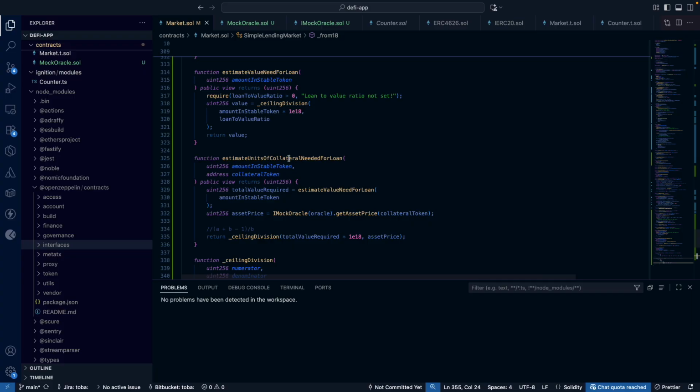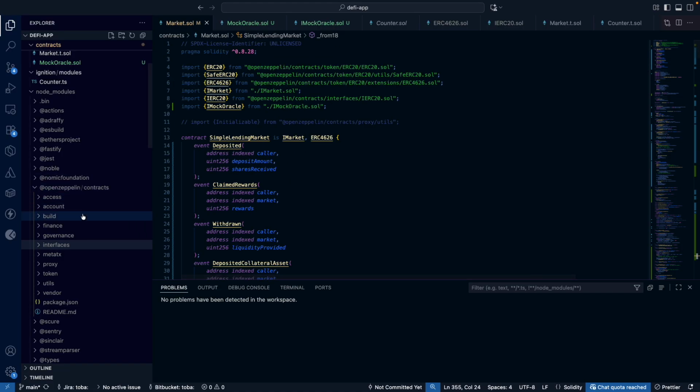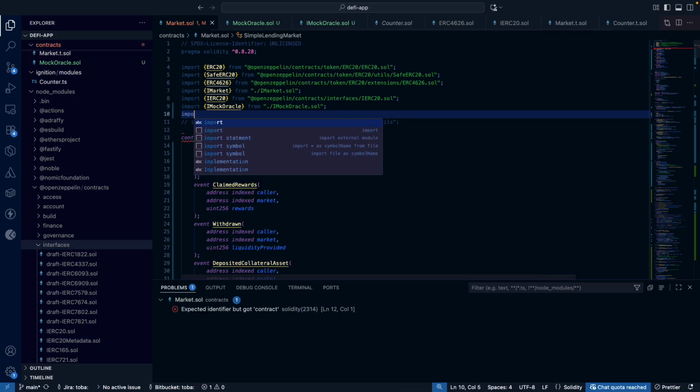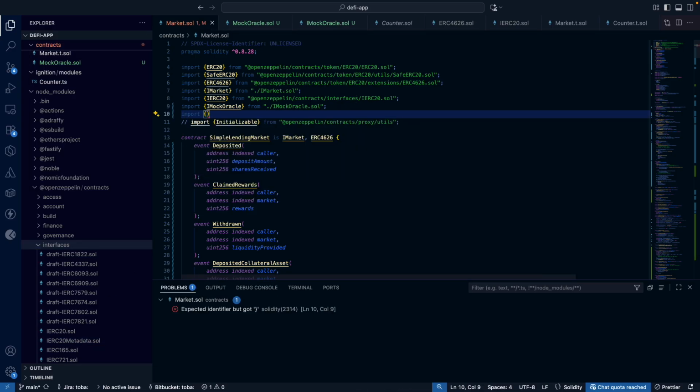For us to do that, there's one thing that we need. We need a standard called IERC20 metadata that gives us access to the decimals on a stable asset. So let's get on a collateral asset. Let's get IERC20 metadata from, I think it's OpenZeppelin.